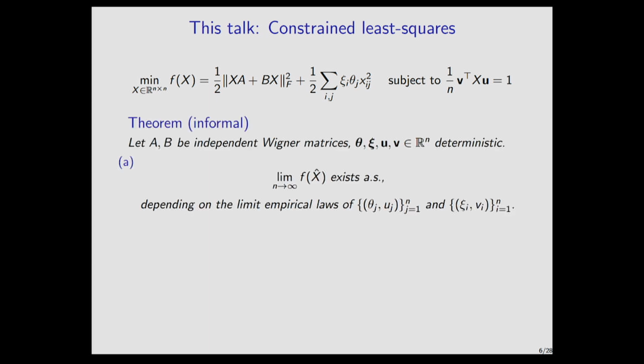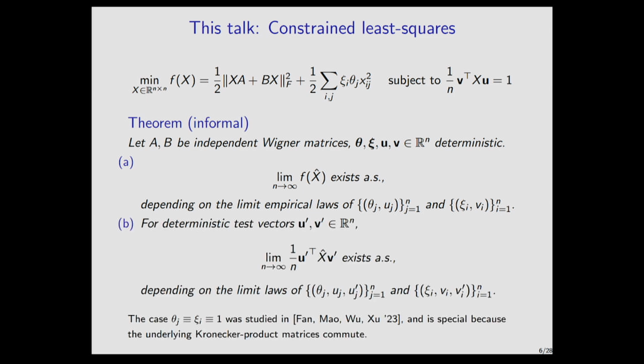Okay? And in the context of this problem, I want to describe to you a theorem which I can state informally as follows. So if A and B defining this problem are independent Wigner matrices, and these ridge parameters and the linear constraint parameters are deterministic, then asymptotically as n goes to infinity, if the empirical laws of coordinates of these defining parameters converge to some limit, then there exists a deterministic limit value for this objective.